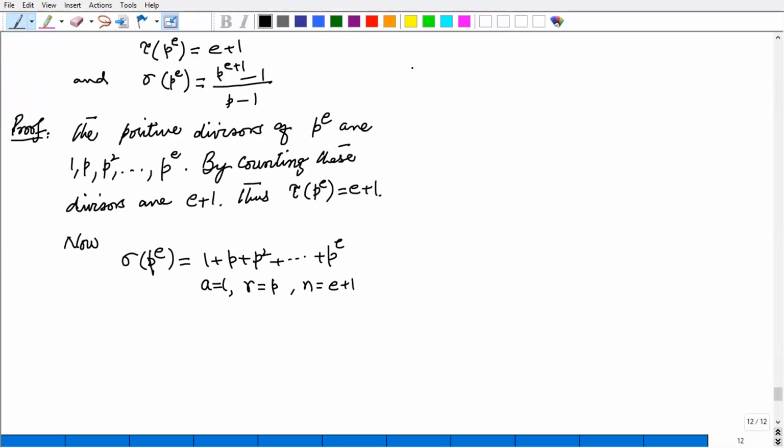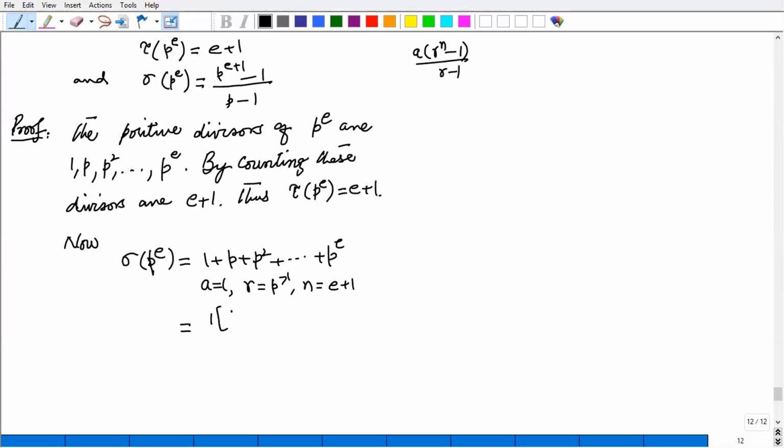We know that the sum of the geometric series, because p is greater than 1, so the ratio is greater than 1, is a times r to the power n minus 1 divided by r minus 1. We can apply the formula here. So a, which is 1, times r to the power n.